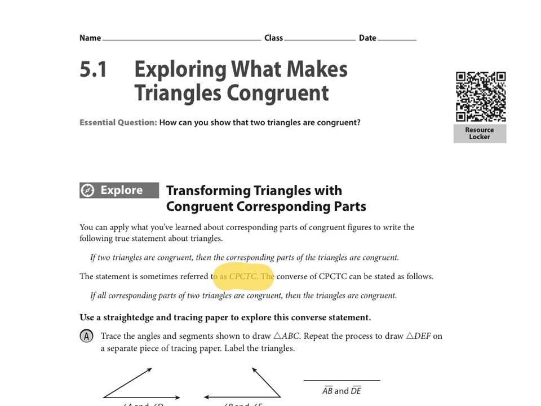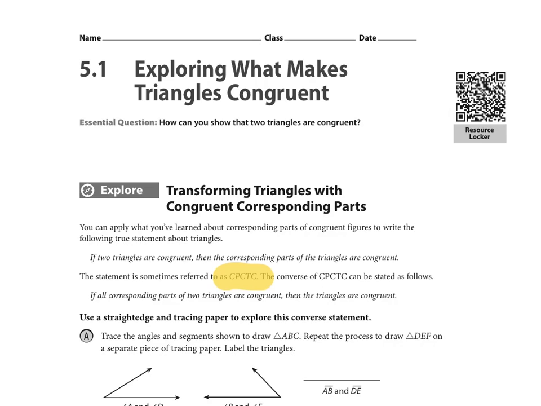And then, of course, the converse is also true. Instead of knowing that the triangles are congruent, we can also go from knowing corresponding parts are congruent, therefore the triangles are congruent. So CPCTC is our new statement.